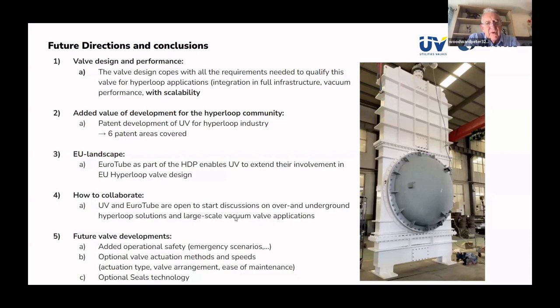And I think we will. We have some ideas on that, and we do have some experience in very large horizontally mounted valves, which are used in flue gas applications at high temperature. They're big valves. We'll be looking at actuation types, how to arrange this with the valve horizontally.